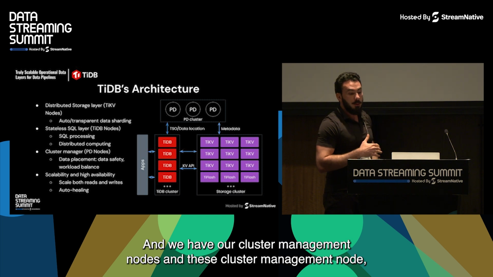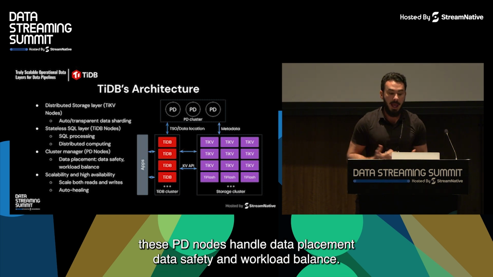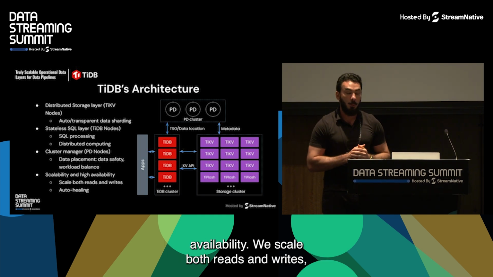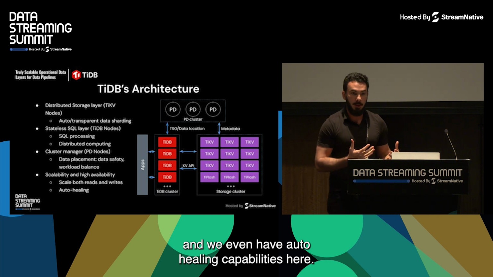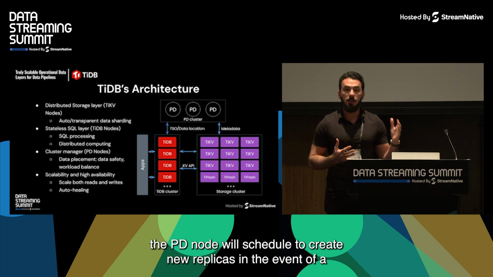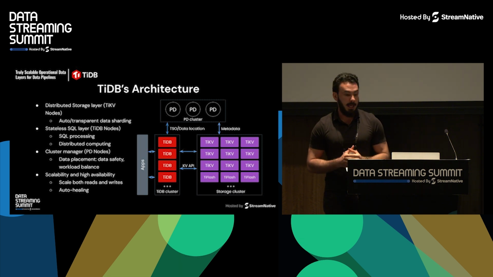These PD nodes handle data placement, data safety, and workload balance. Every single aspect of this system is designed for scalability and high availability. We scale both reads and writes, and we even have auto-healing capabilities here. If you lose an availability zone, the PD node will schedule the creation of new replicas in the event of a disaster.